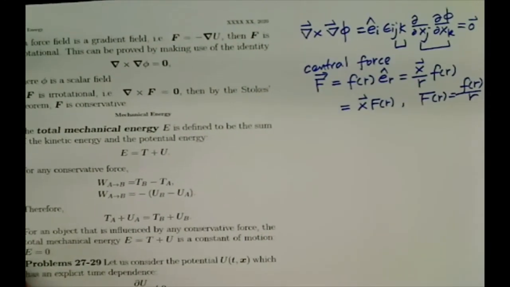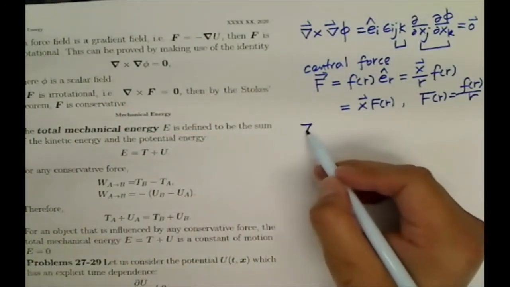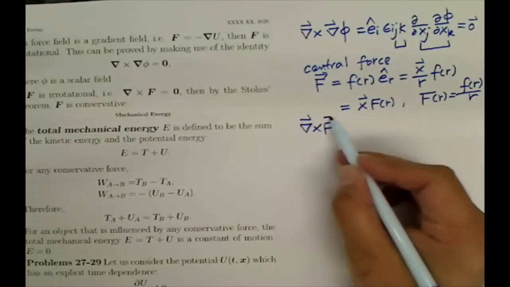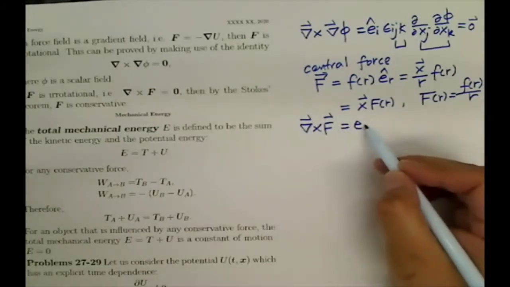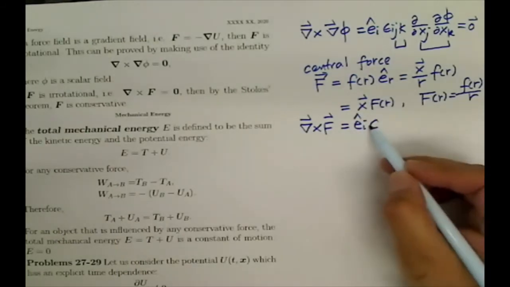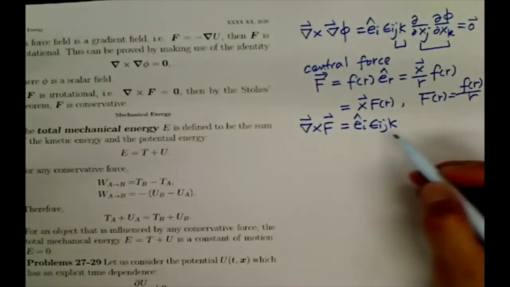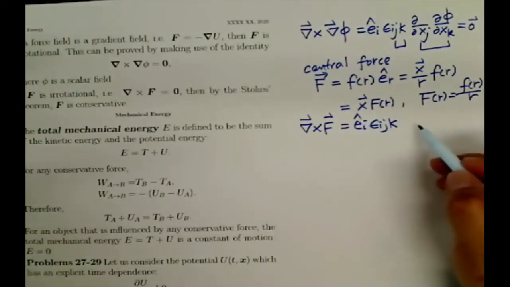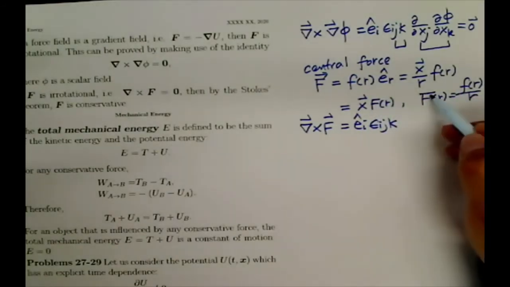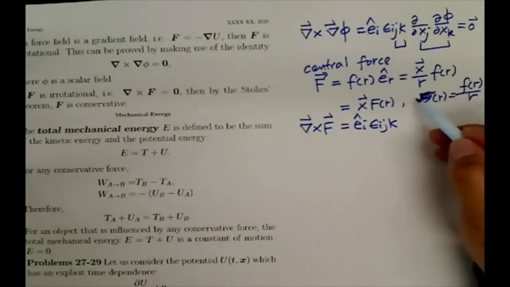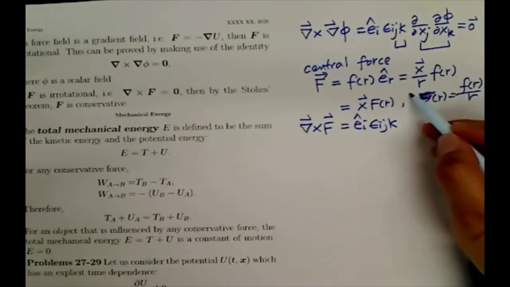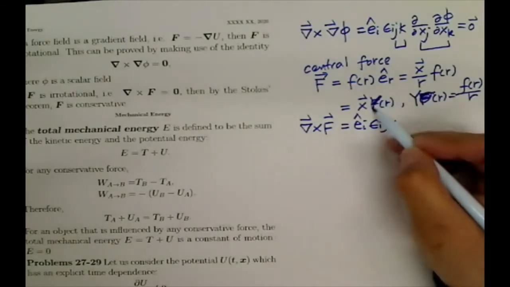Alright, let us check if it is irrotational. The curl of F, e_i hat epsilon ijk, this force, sorry, let me write it with phi, because F is not good.